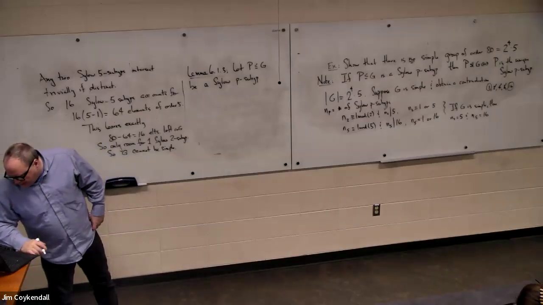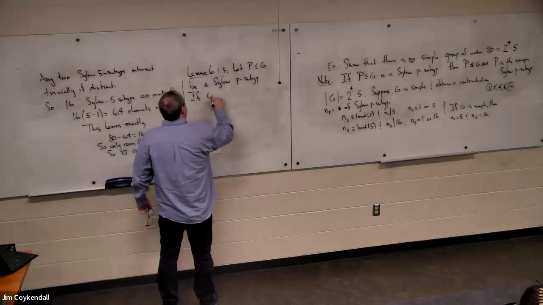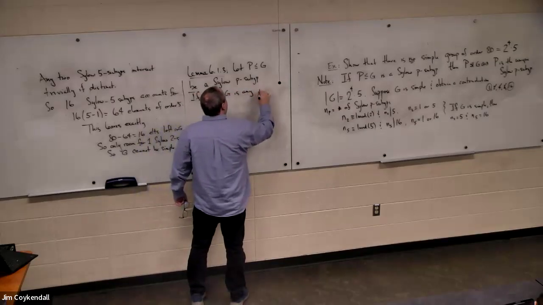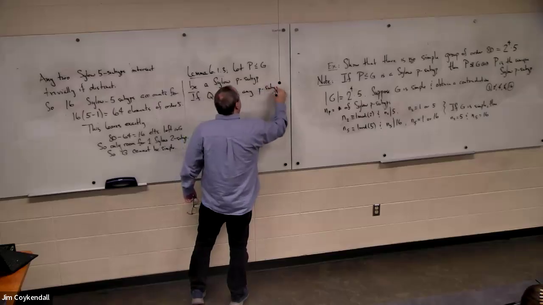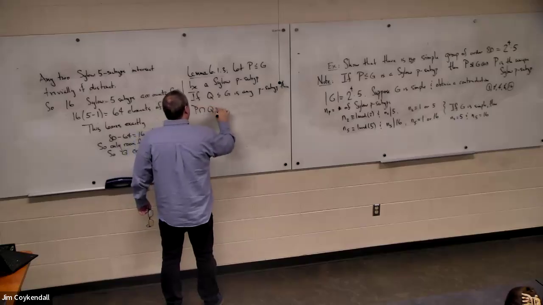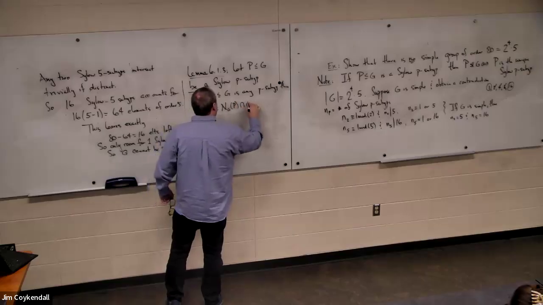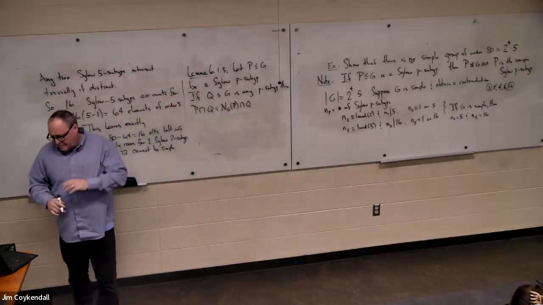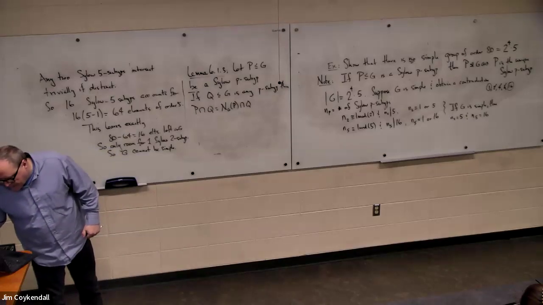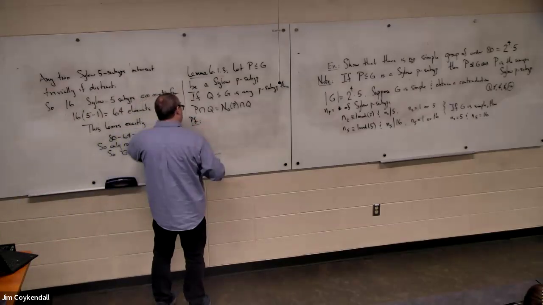If Q is any p-subgroup of G, then P intersect Q is equal to the normalizer in G of P, intersect Q. This is a little technical lemma that we're going to need.